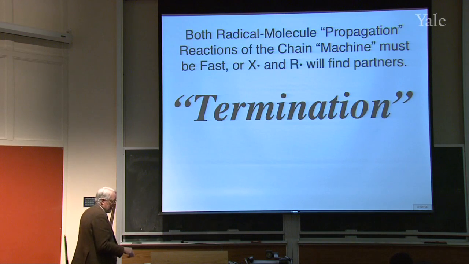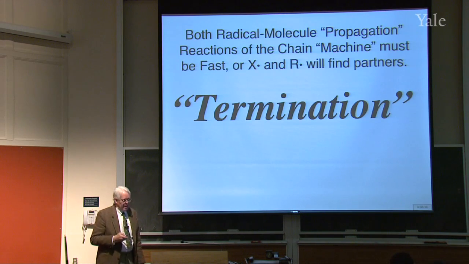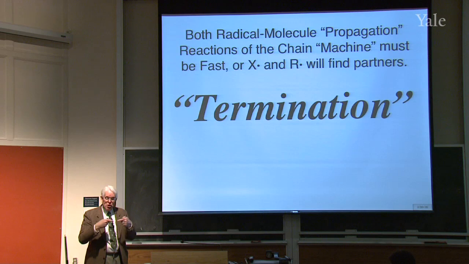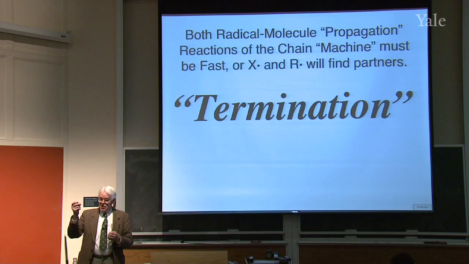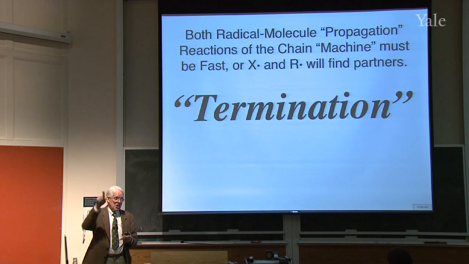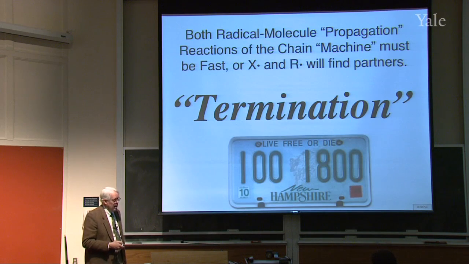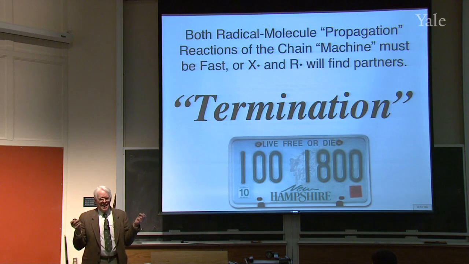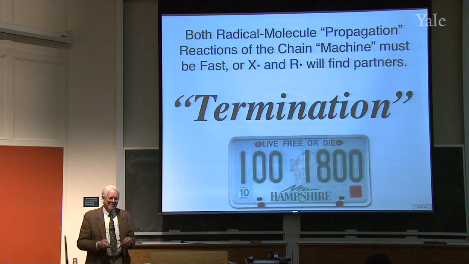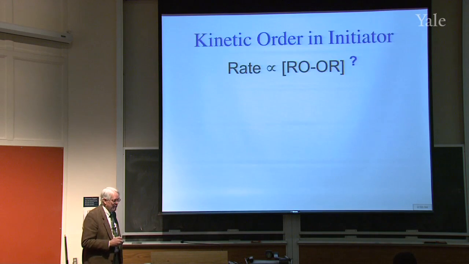So you have to be sure they don't find partners, and that process is called termination of a free radical chain reaction. So you have initiation, which generates the radicals that allow the machine to work, propagation, which is the cycling of the machine, and termination, which destroys the machines. Remember the New Hampshire license plate, it says live free or die. If the radicals aren't free from one another, bingo, they're gone. So that's termination.